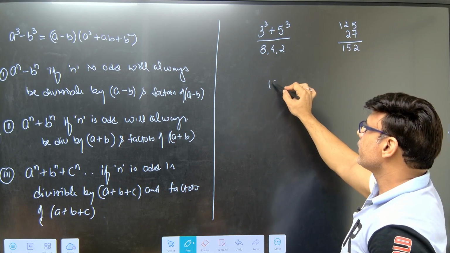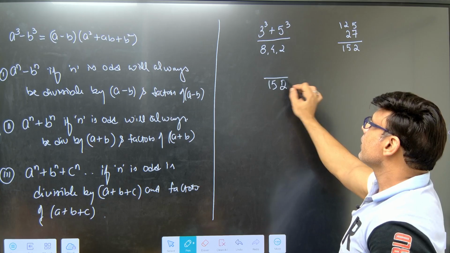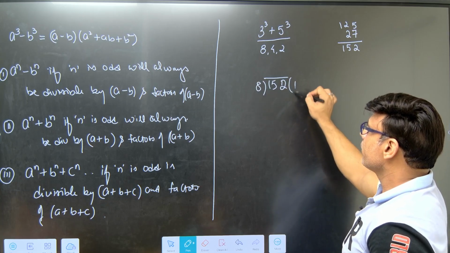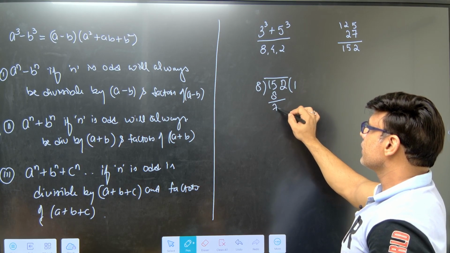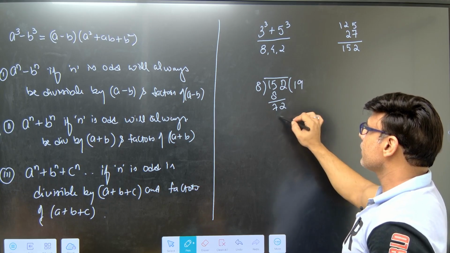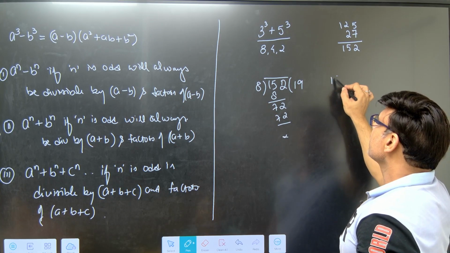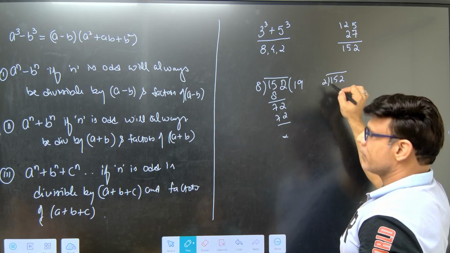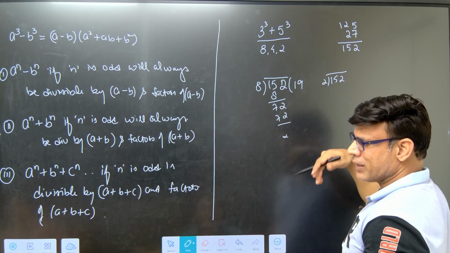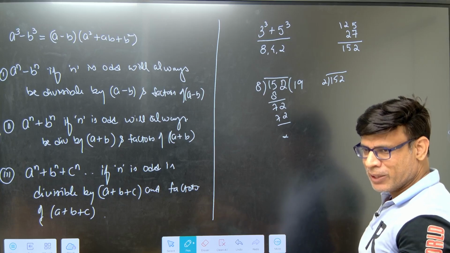Let's divide 152 by 8. 8 ones are 8, 7, 2, 8 nines are 72. Remainder is 0. Is 152 also divisible by 2? Yes. Divisible by 4? Yes, last two digits. So divisible by 8, 4 and 2.